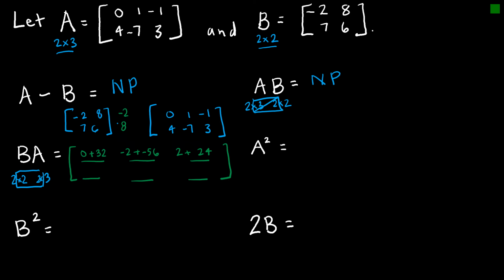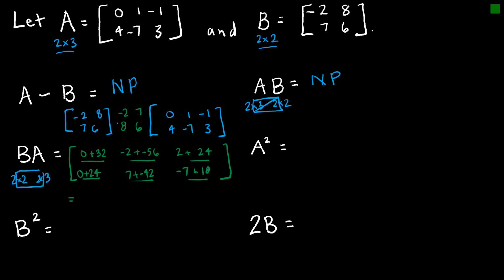Then I've got my new row. So I have 7 and 6. 7 times 0 is 0. 6 times 4. 7 times 1 is 7. 6 times negative 7. 7 times negative 1, and 6 times 3.